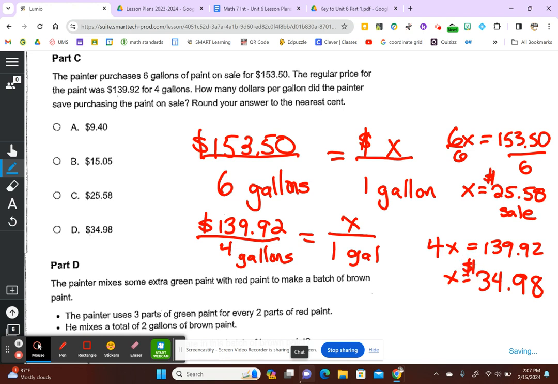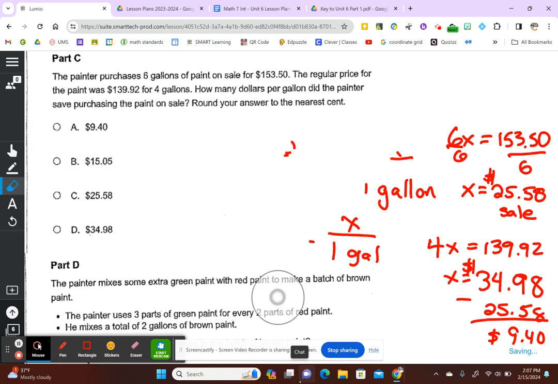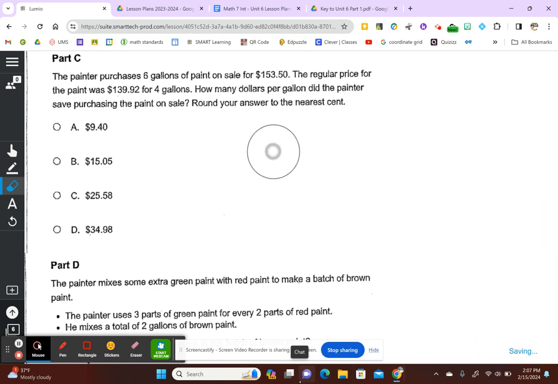And so if I then subtract $25.58, it becomes $9.40. So how many dollars per gallon did I save? I saved $9.40. Okay, so now I want everybody to try to do part D on your own. Stop the video, do part D on your own, see how you do, and then start the video and see if you got it right.